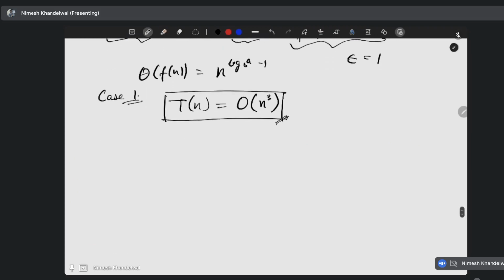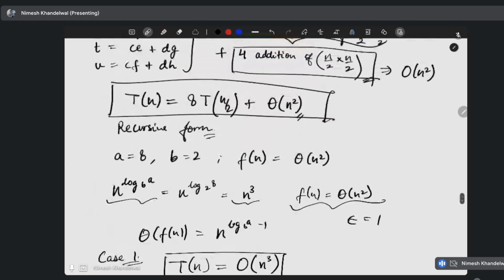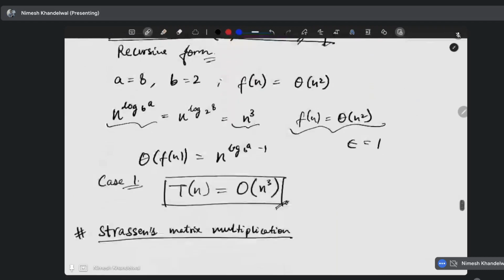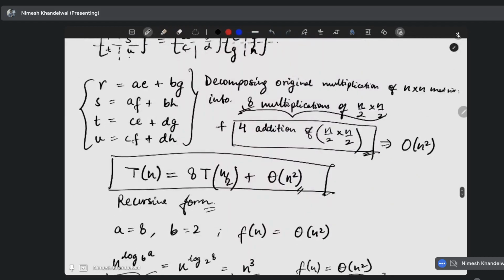Let us also take a look at Strassen's matrix multiplication, right? So this thing that we discussed above is ordinary divide and conquer matrix multiplication that uses 8 recursive multiplications, right?